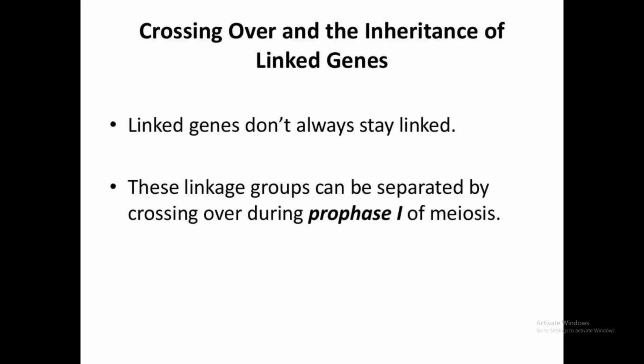So linked genes, why are they not going together? Why is a single chromosome not going as it is to the offspring? Because there is a possibility of crossing over in prophase 1. This is also an important point. In somatic cells, what cell division will occur, meiosis or mitosis?